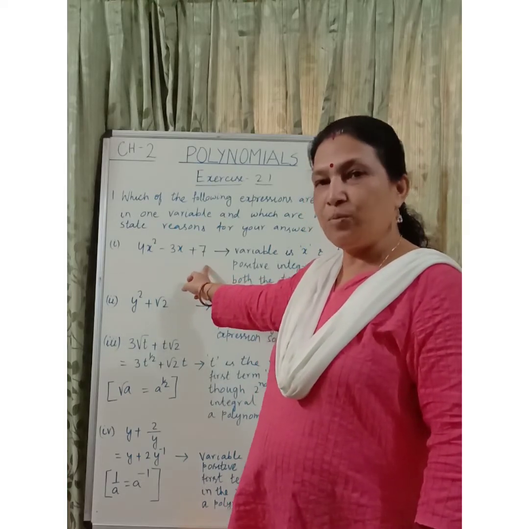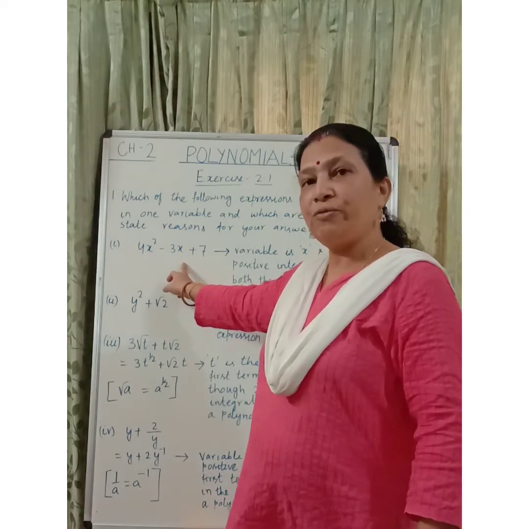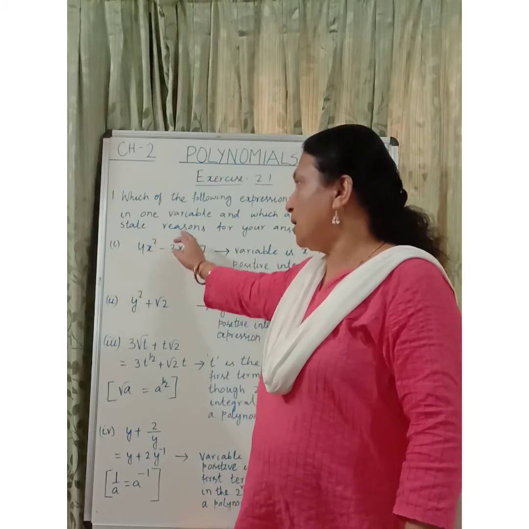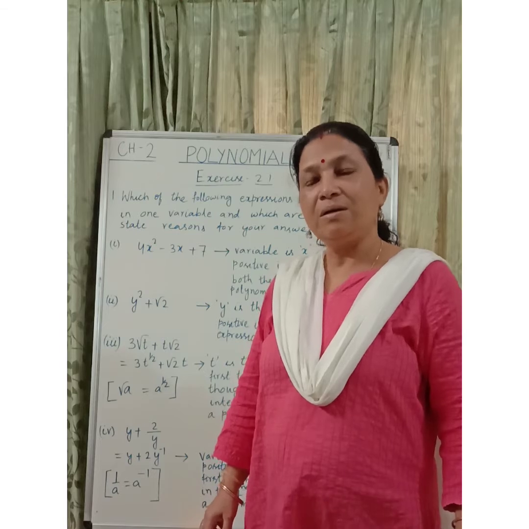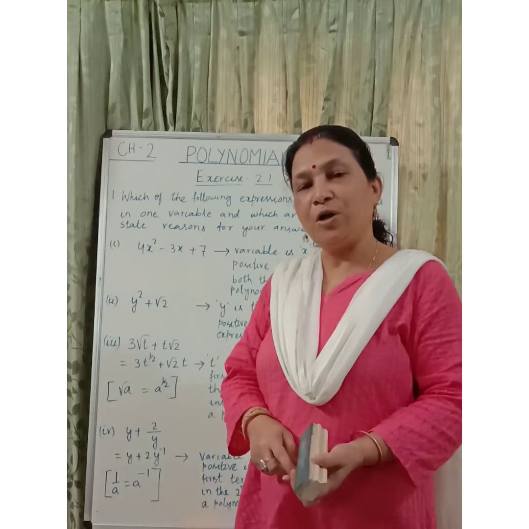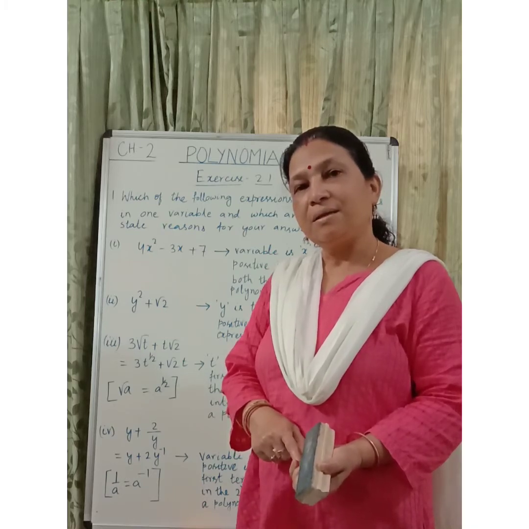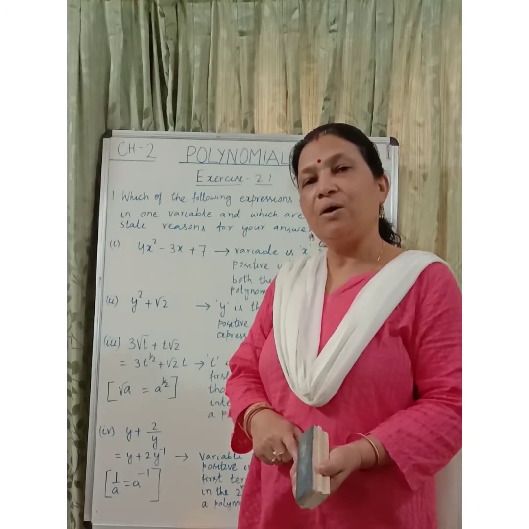So this is a polynomial in variable x, and the power of x is, here it is 2, here it is 1. So a polynomial should have the variable with positive power, or we can say a polynomial has the positive integral power of the variable.